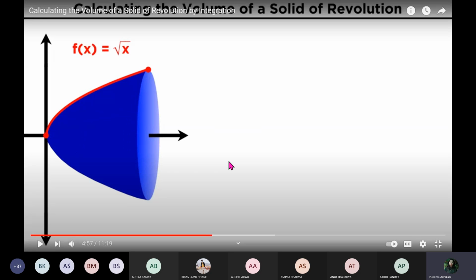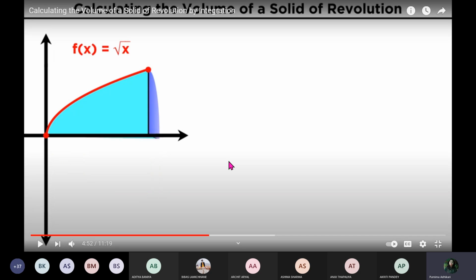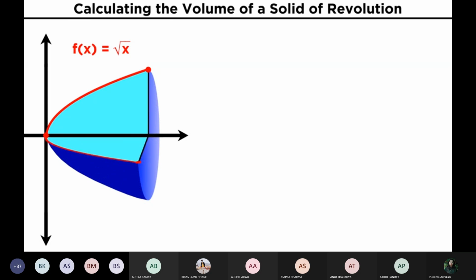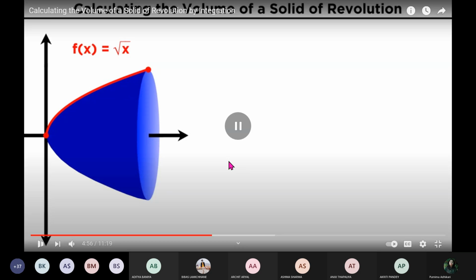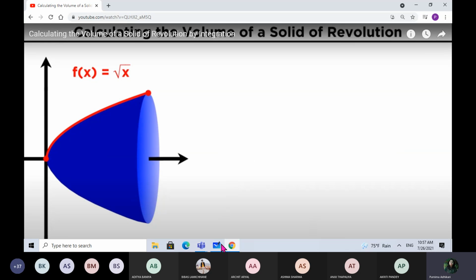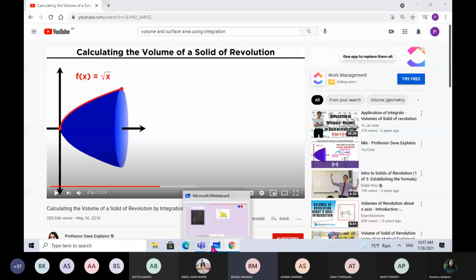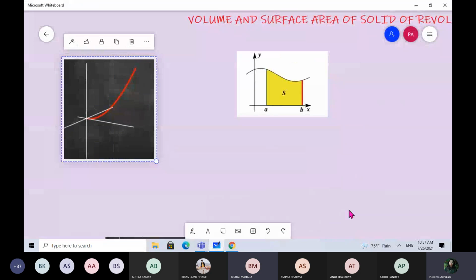So one complete rotation. Okay, let me play this again. So this is how it is working. Okay, now is it clear to everyone? Yes, ma'am. Okay.